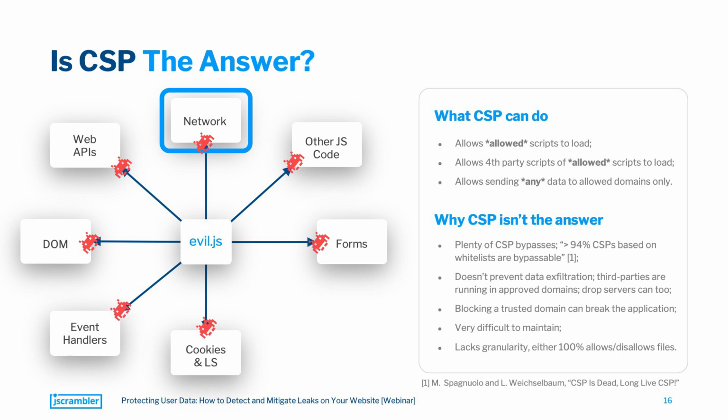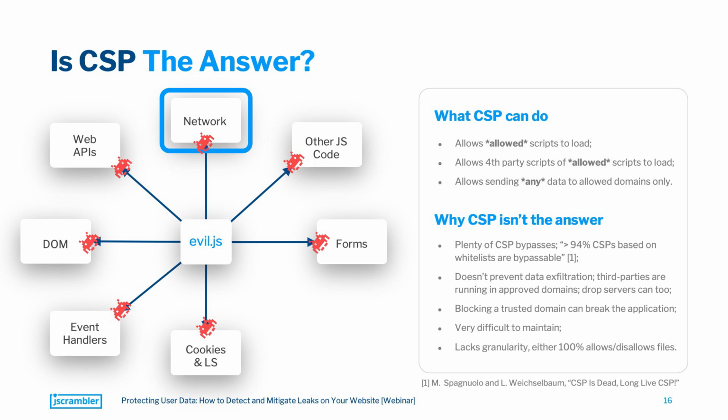You can whitelist the sources you trust, and every other connection will basically be blocked. Looking back at our diagram, CSP essentially covers the network dimension. So every allowed script will be able to load, along with any fourth-party scripts that they load themselves. CSP will then allow any type of data to be sent to these whitelisted domains.